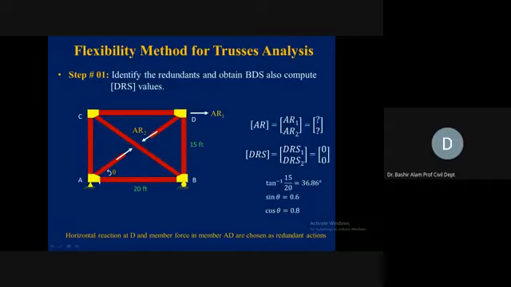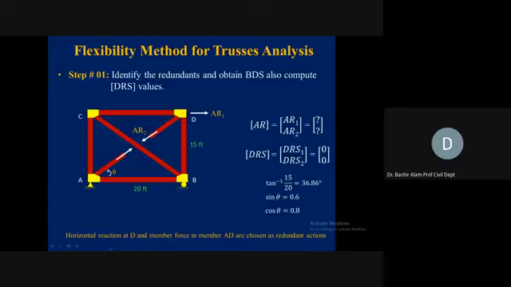Now we take theta with respect to AB going in the counterclockwise direction. First we find out theta. So theta will become tan inverse of 15 divided by 20, which is 36.86 degrees. Then we find sine theta and cosine theta of this 36.86. These numbers will help you in resolving the members into rectangular components.